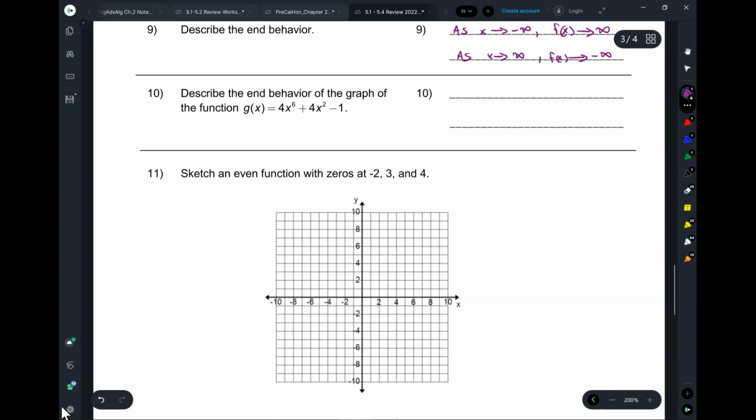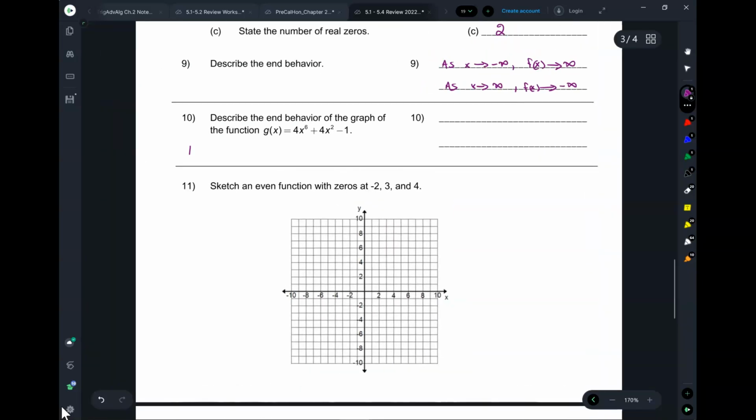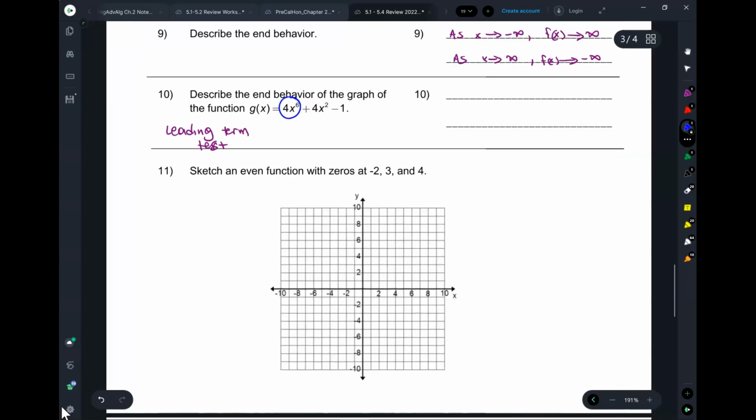Okay, here, the end behavior of the graph. For this one, I need to use the leading term test. Remember? Good. And what's the leading term here? 4x to the 6. Okay, so that's an even function with a positive coefficient. So what does that mean?